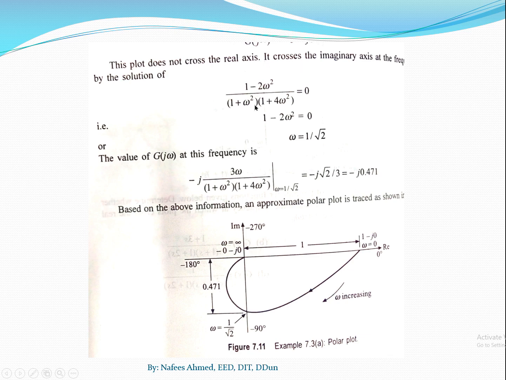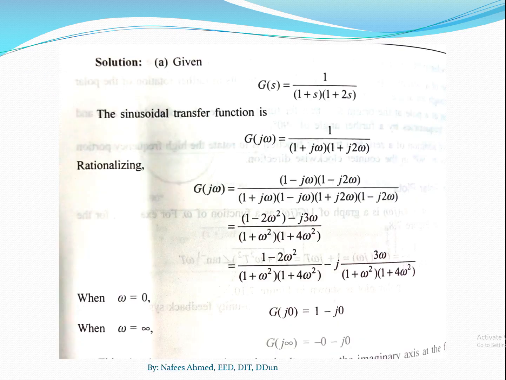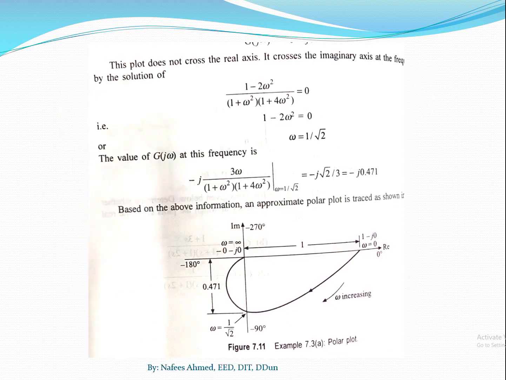If we do the same calculation, it will be applicable, and then we will find out omega, which is 1 upon under root 2. The equation was under root T1 T2, so putting omega equal to under root T1 T2, it will be 1 into 2, nothing but under root 2. Then we will find the value of G(j omega) by putting omega equal to 1 upon under root 2.